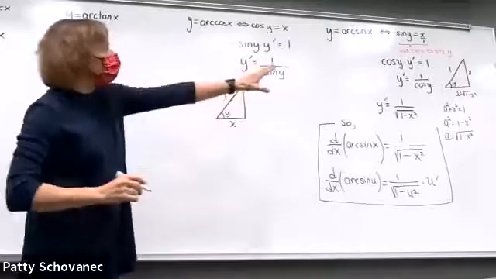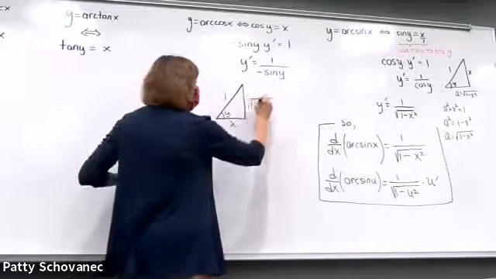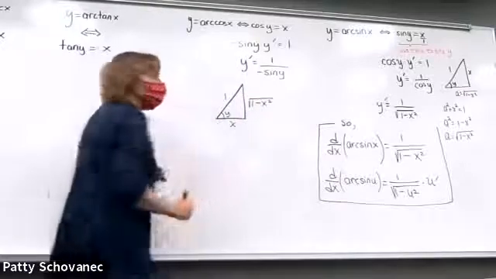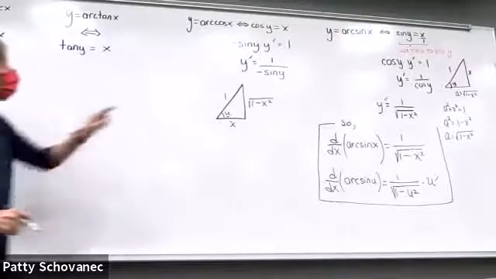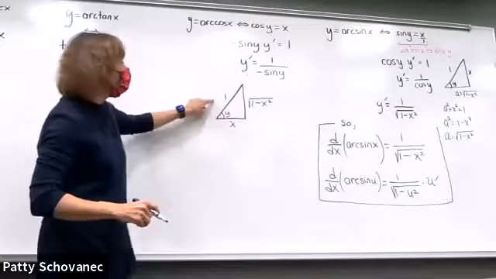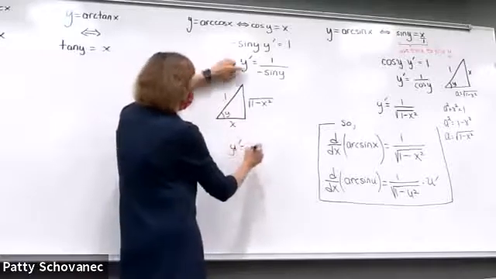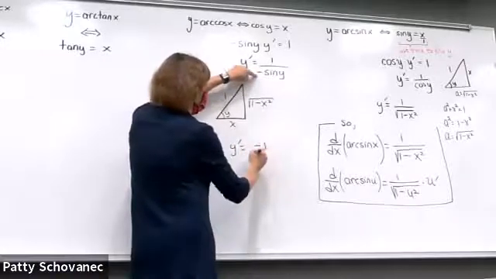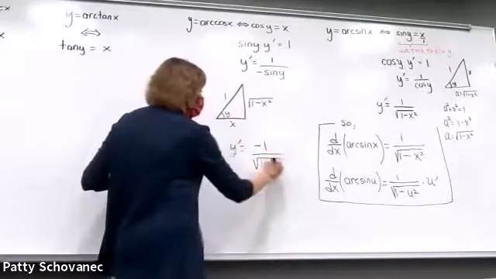The same steps in the Pythagorean theorem give me the third side to be the square root of 1 minus x squared. And so the sine of y is the opposite over the hypotenuse, which means I have that y prime is equal to, let me put the minus sign on top, the sine of y is the square root of 1 minus x squared.